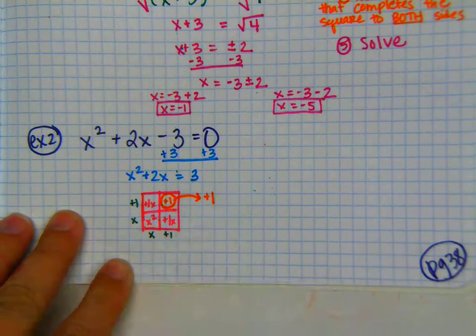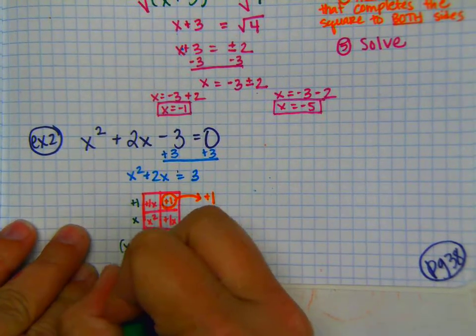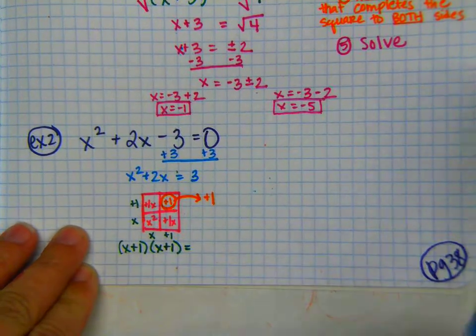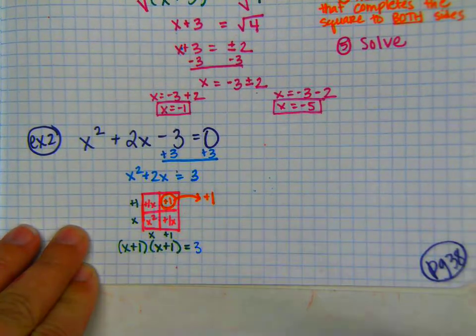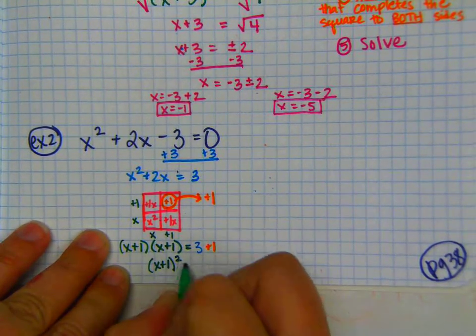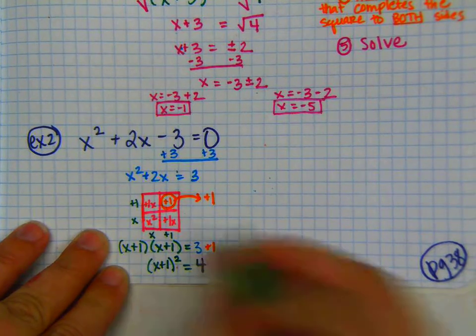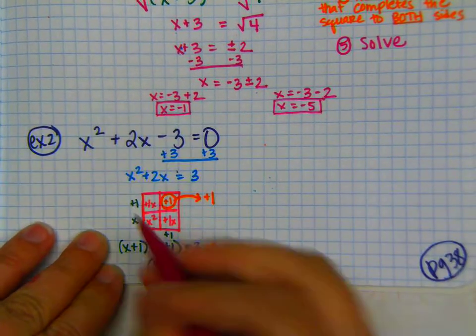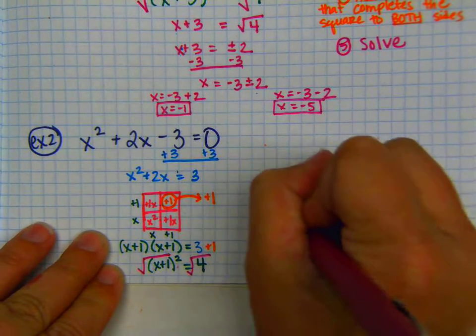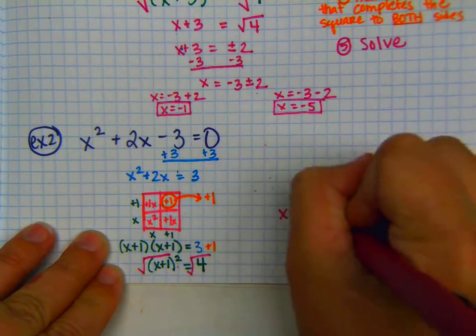So now I have x plus 1 times x plus 1 equals 3 plus 1. I rewrite this as x plus 1 squared equals 3 plus 1 is 4. To solve that, we square root. So we get x plus 1 equals the square root of 4.